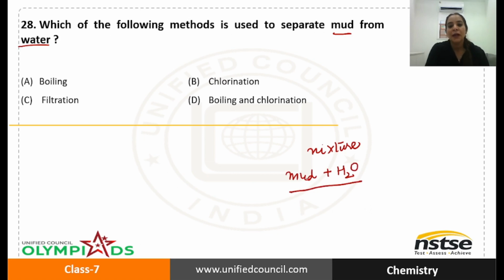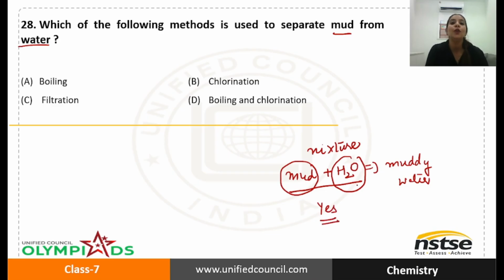Mud added to water will give you a muddy water mixture. Now, if you wish to separate mud from water, can you? Yes, we can. The reason being that mud is not soluble in water. So that is the reason we can easily separate it.